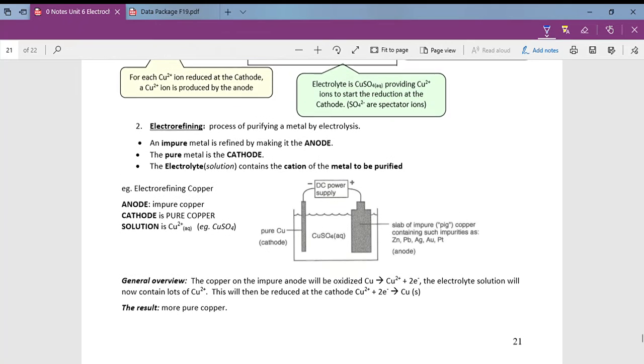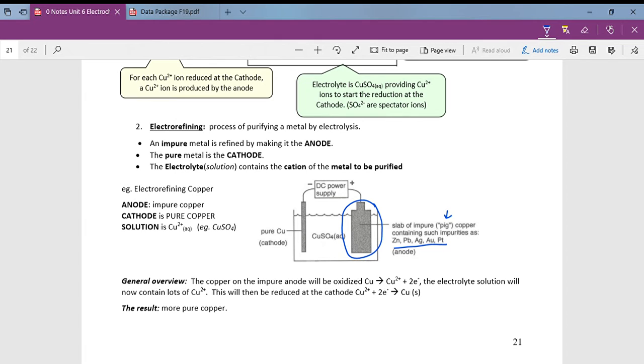The next process is called electrorefining. It's the process of purifying a metal by electrolysis. So for example, if you have an impure metal at your anode, this is a slab of impure or pig copper, they call it. I don't know if you can see that over here, but it would be copper that contains all these different metals. And I'm like, no, I want pure copper.